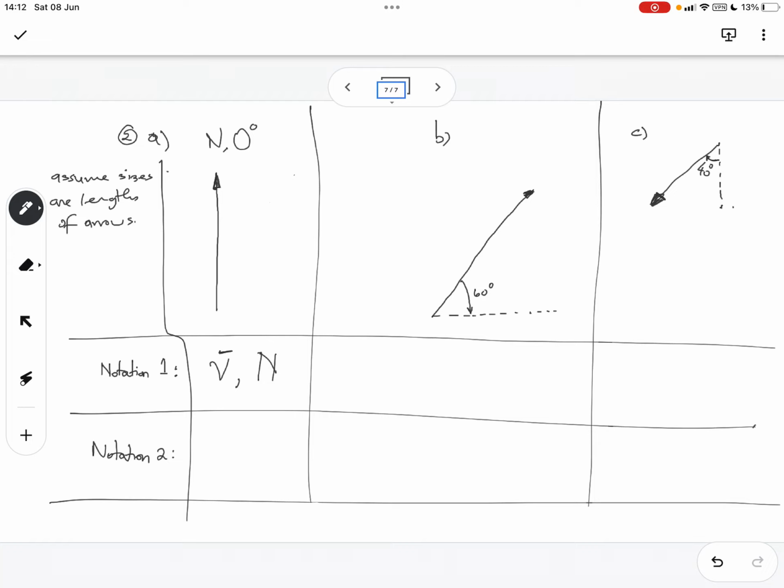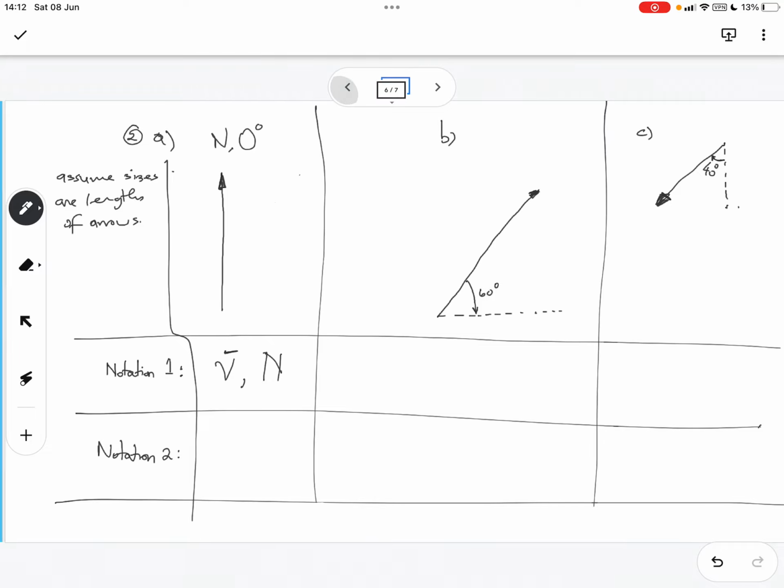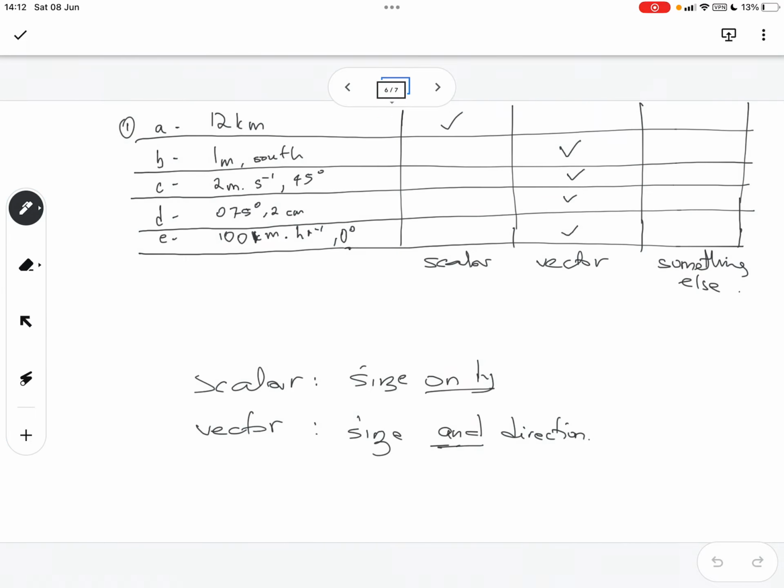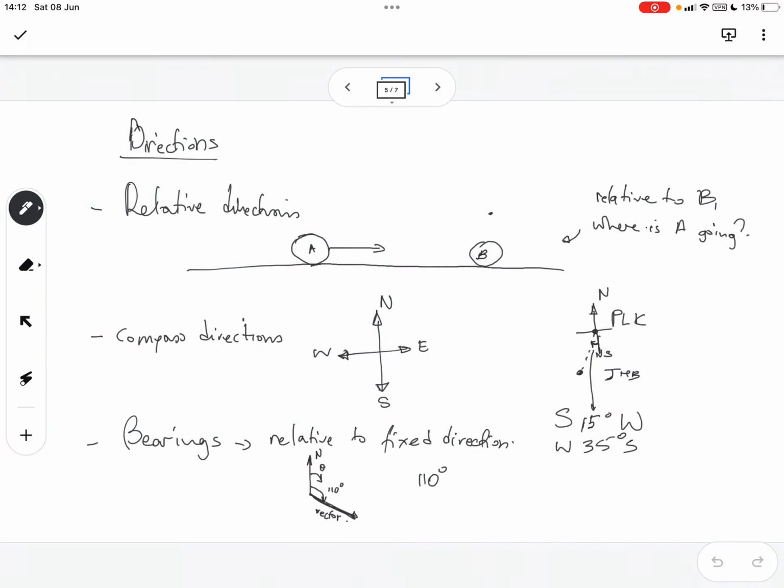Is it 5? Is it 30 degrees? Is it 10 degrees? If this is north, what's the angle measurement of north? You said it's 110. I did not say it's 110.